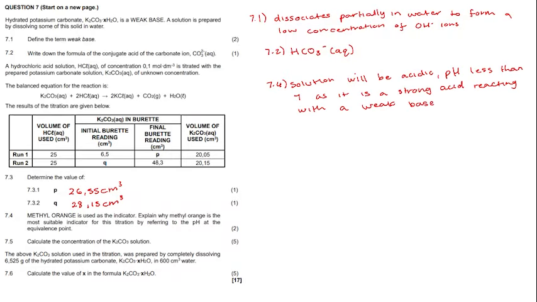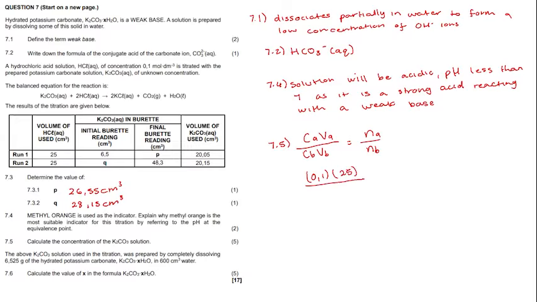Question 7.5. Calculate the concentration of potassium carbonate solution. So to do that, since we have the mole ratio and we have the volume of each substance used, we can use the formula: the concentration of A times the volume of A over the concentration of B times the volume of B is equal to the moles of A over the moles of B. We know the concentration of A, the hydrochloric acid, is 0.1, and the volume used is 25 centimeters cubed.